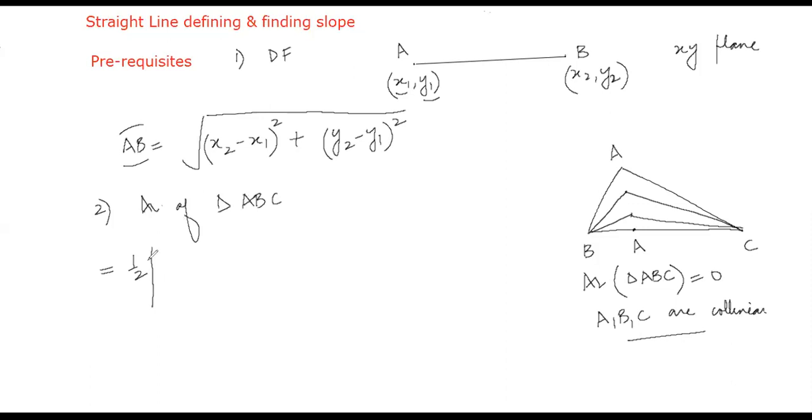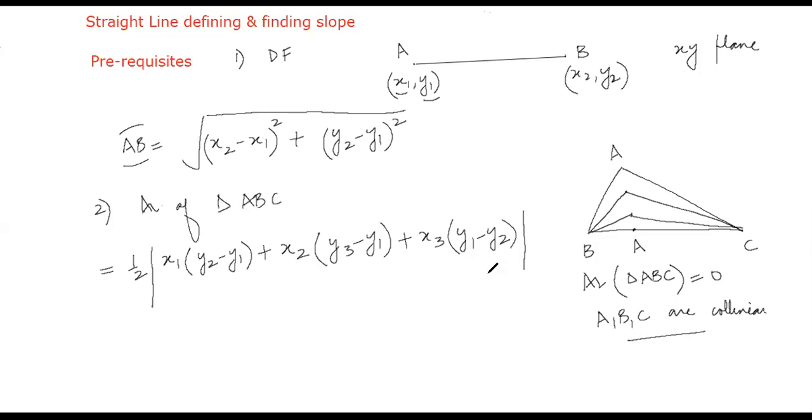If it's coming negative, you take the positive part: x1 bracket y2 minus y1 plus x2 bracket y3 minus y1 plus x3 bracket y1 minus y2, and then modulus of the whole thing. This is the formula for finding the area of triangle ABC.